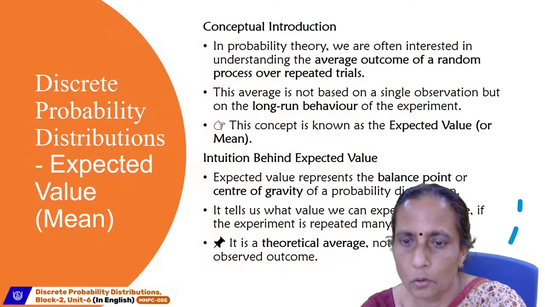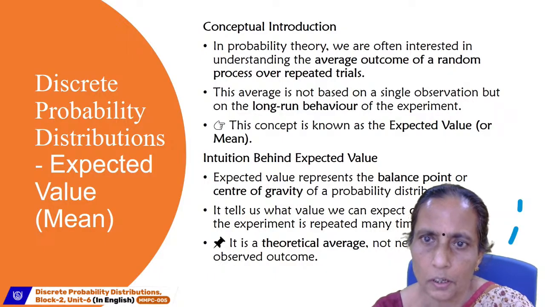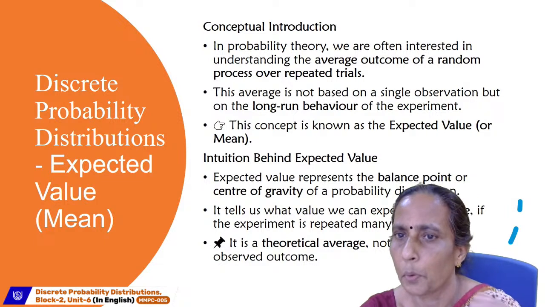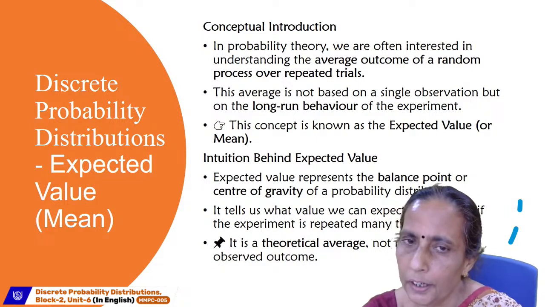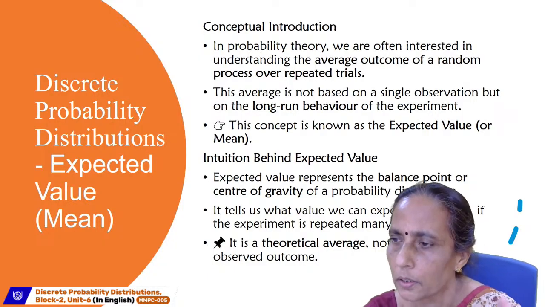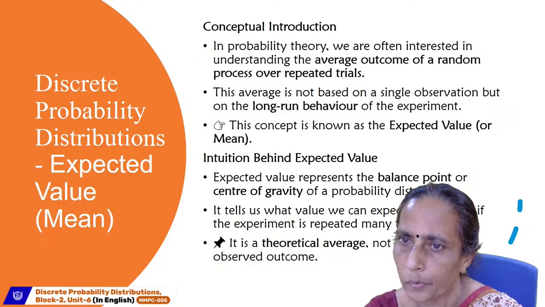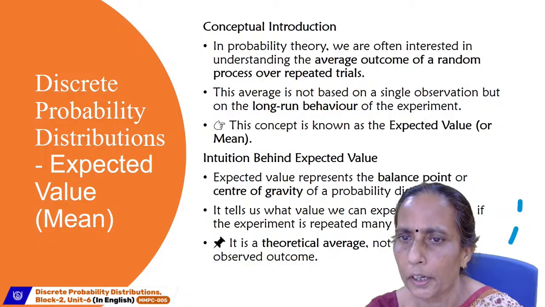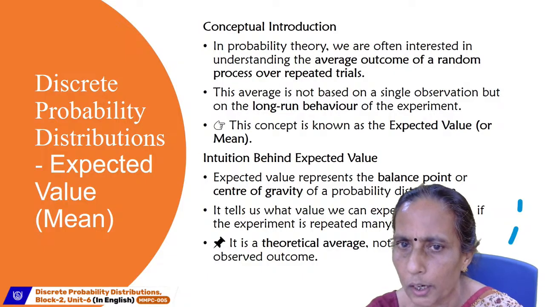Going into further detail on expected value or mean: in probability theory, we are often interested in understanding the average outcome of a random process over repeated trials. We make repeated trials of a random experiment, and after each trial we get one outcome.